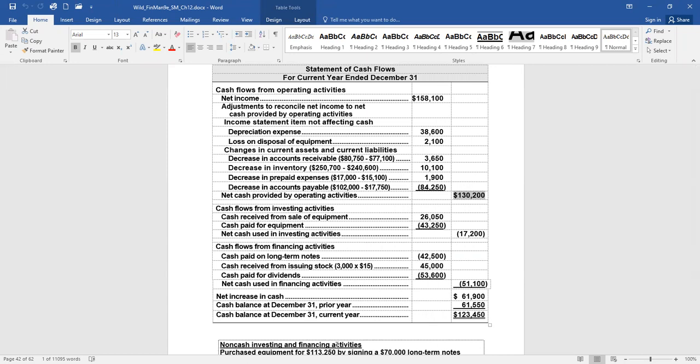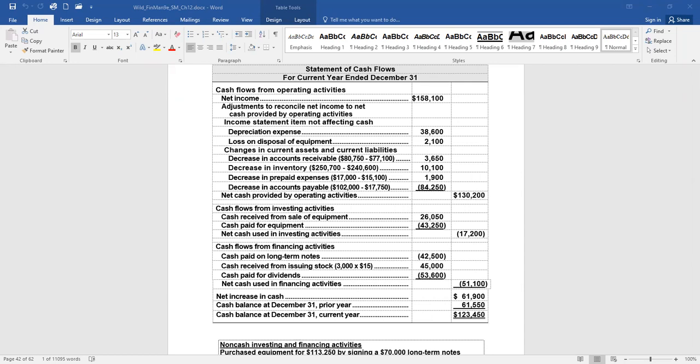So we're generally looking at long-term liability transactions and stockholder equity transactions that affected cash. If I go back over to my book, it says in part D, paid $42,500 cash to reduce the long-term notes payable. When we look at our answer key, it tells us cash paid on long-term notes, $42,500.